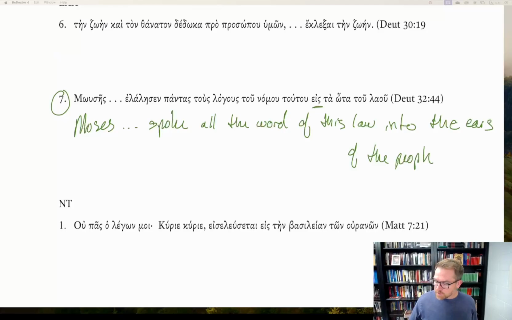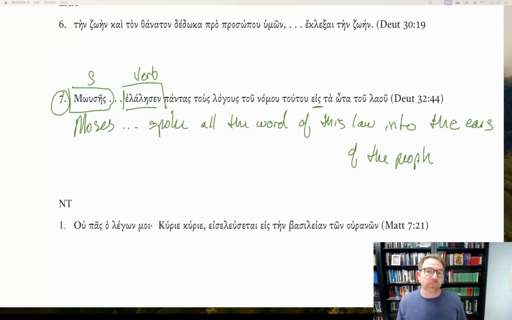So I want you to notice here, subject of the verb. Here's our verb. Here's our subject. The reason we know that Moses is a subject is because remember, personal names don't often decline into cases. So we just have to know based on context. And pantas tous logous, this is all in the accusative plural case.